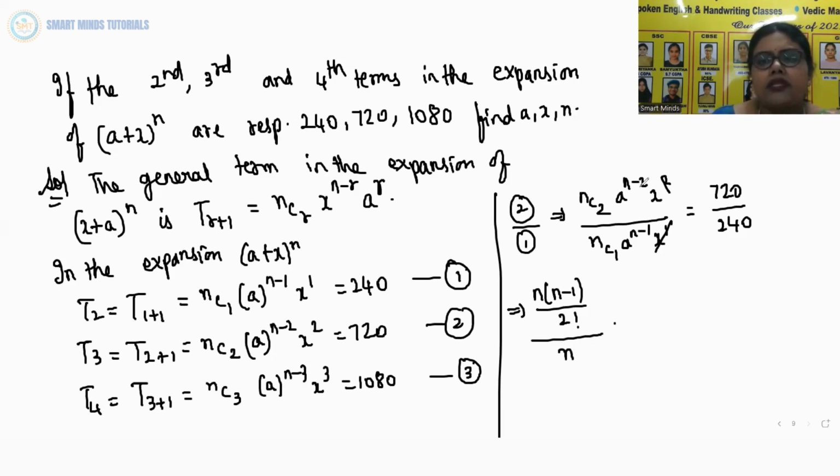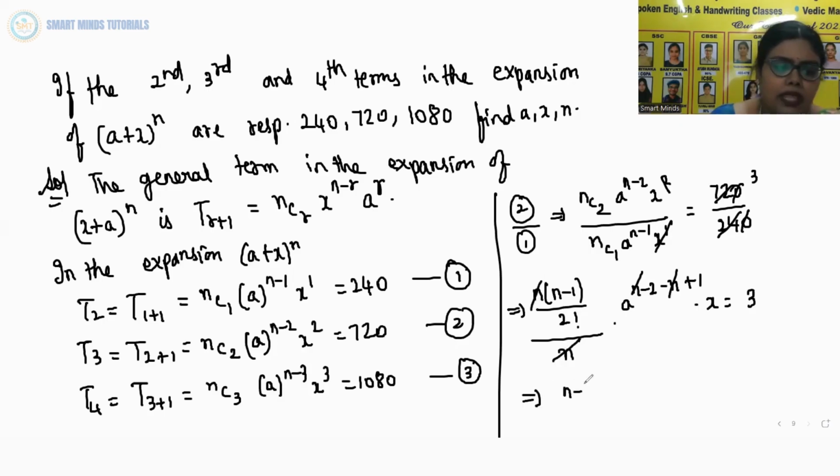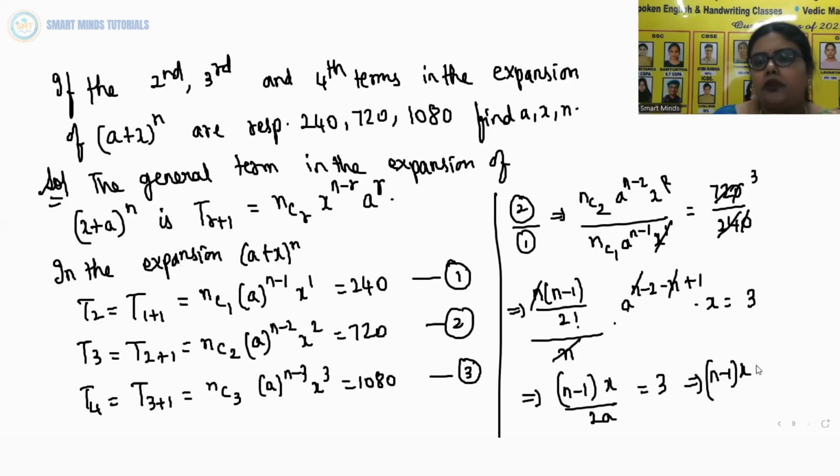If I take this a power, a^(n-2-n+1) is 1/a. 240 ones are 240, threes are 720, so that is equal to 3. n and n cancel, so you get (n-1)x by 2a, because here you get a power minus 1, so that will come in the denominator. That is equal to 3. So we can write this as (n-1)x = 6a if I cross multiply. Take this as equation number 4.